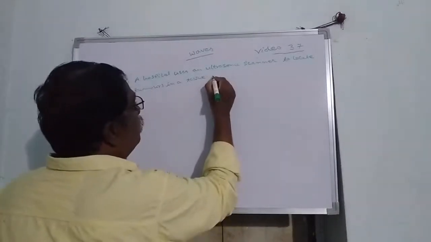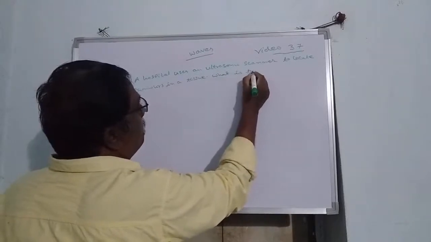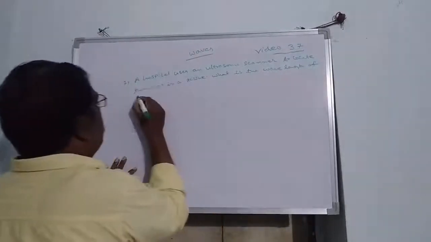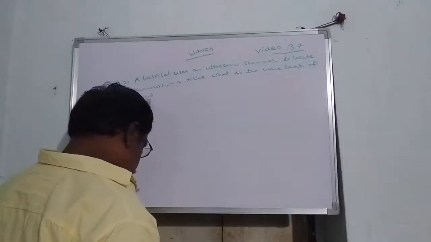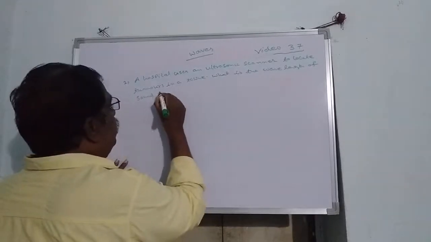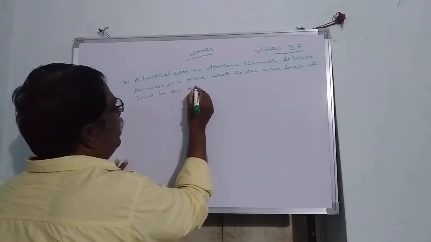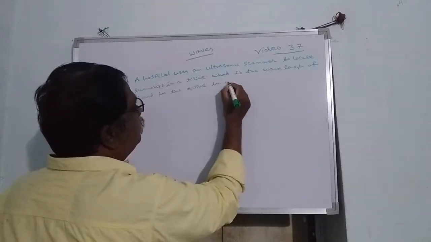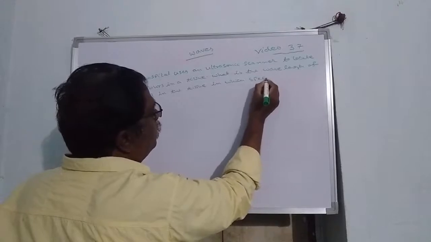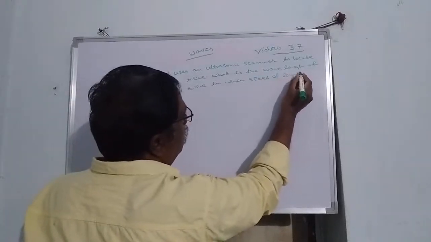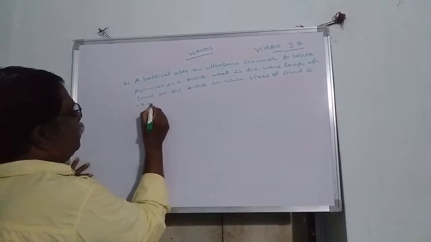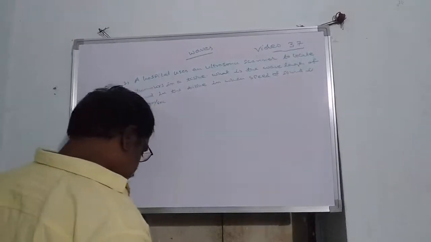What is the wavelength of sound in the tissue, in which the speed of sound is 1.7 kilometer per second?